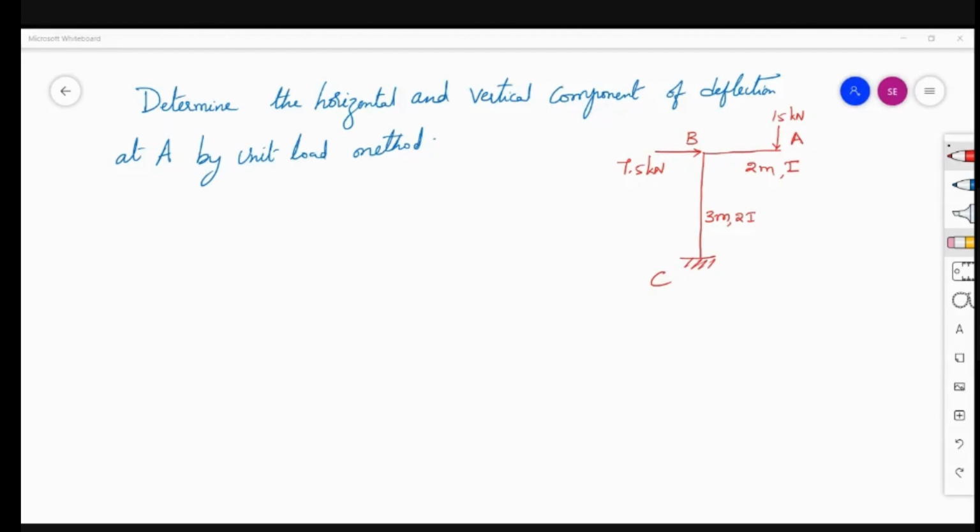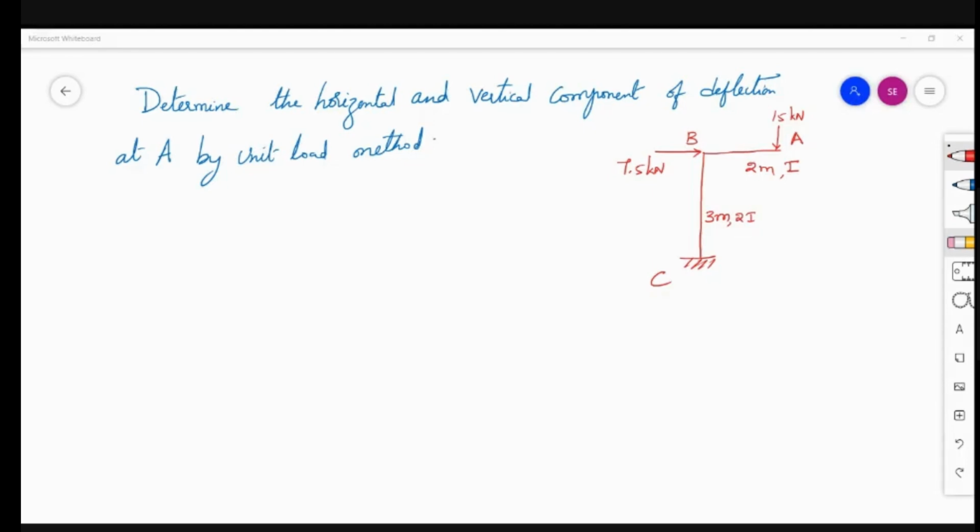AB is one portion, BC is another portion. In between B and C, there is no load, hence you can consider BC as a portion. Similarly, from A to B, there is no load acting. At A, the load is acting, at B, the load is acting. So completely AB can be considered as one portion, BC as another portion.